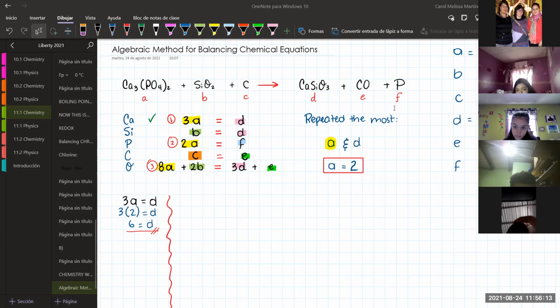So I'm going to skip this one, and I will do the other equation that says 2A equals F. I will substitute the value of A, that is 2, and this gives me the value of F. So F gives me 4. And now that I know the value of F, I write it over there. F equals 4.